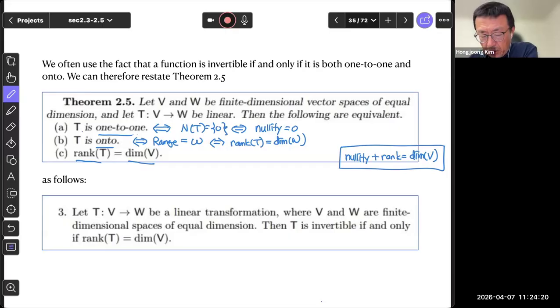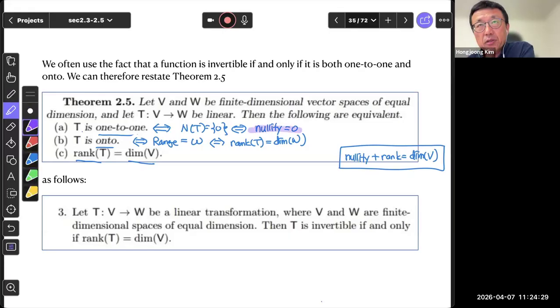So in statement A, if T is 1 to 1, then that means the nullity is 0. Then rank and dimension of V will be the same. If B is onto, then rank of T and the dimension of W are the same.